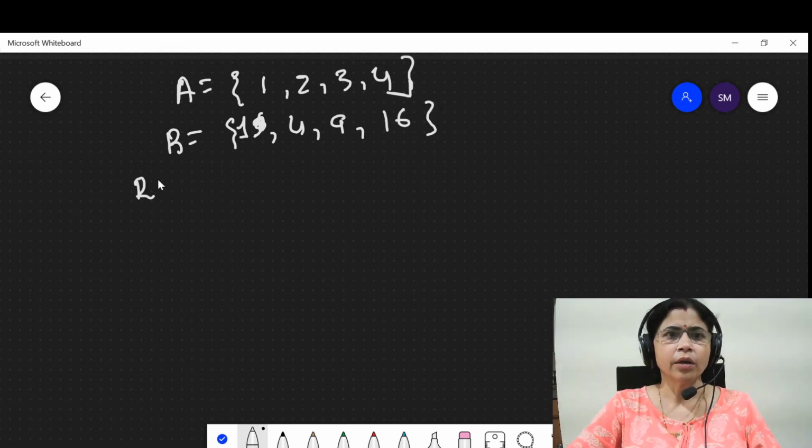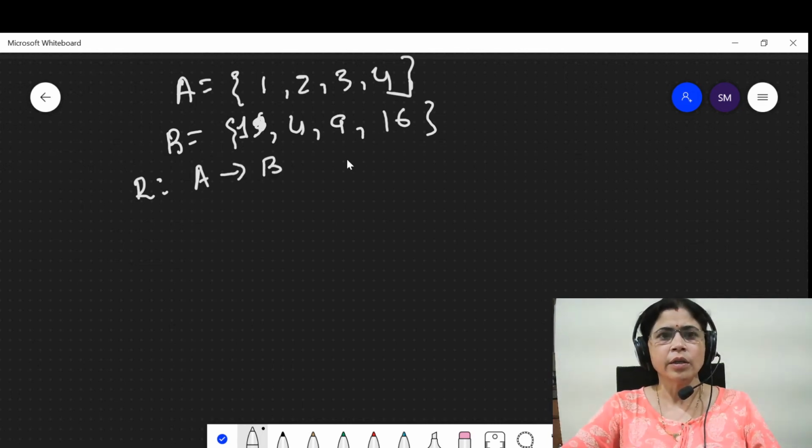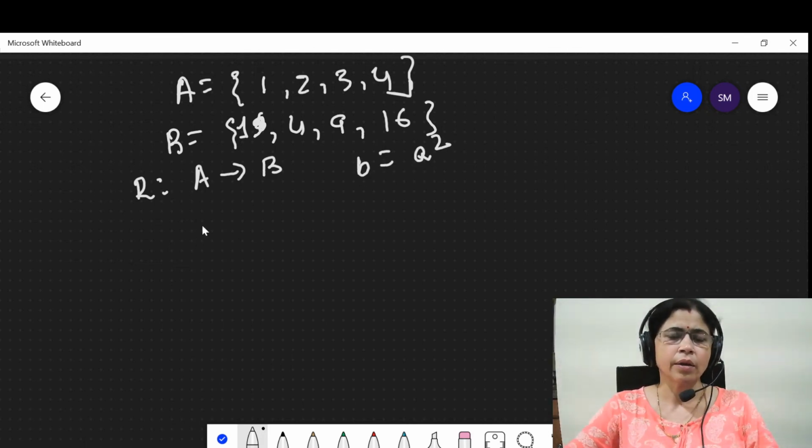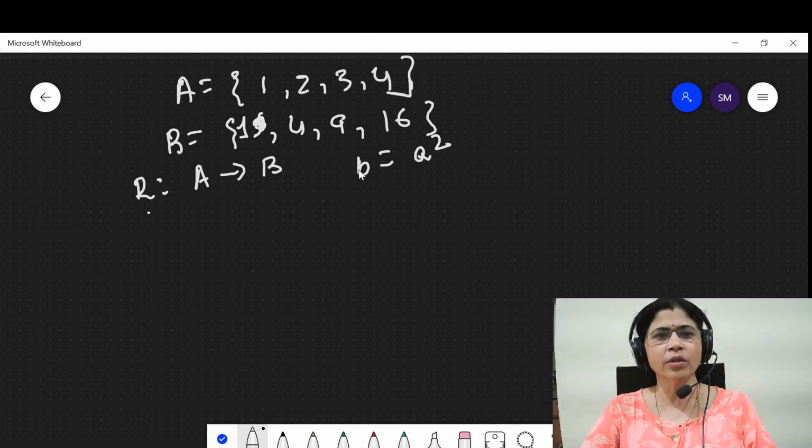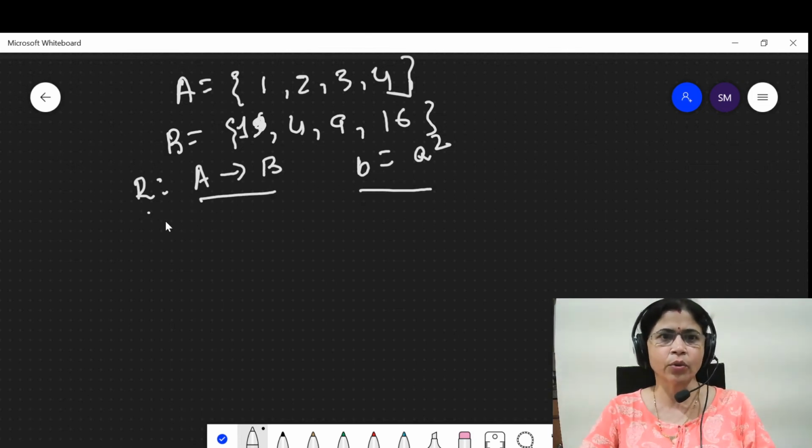Then here suppose R be a relation from A to B. This means here b is equal to a square. Here R is a relation from A to B such that b is equal to a square.